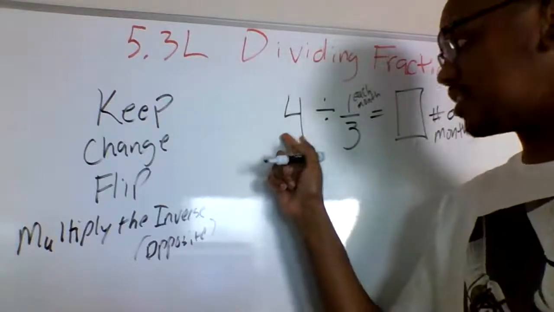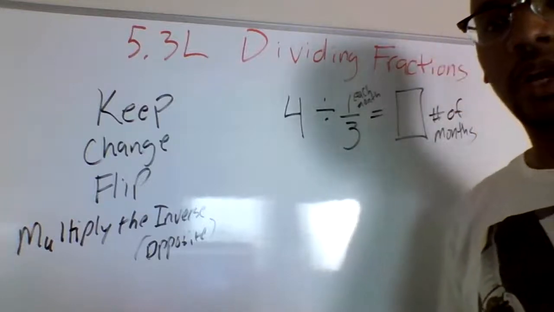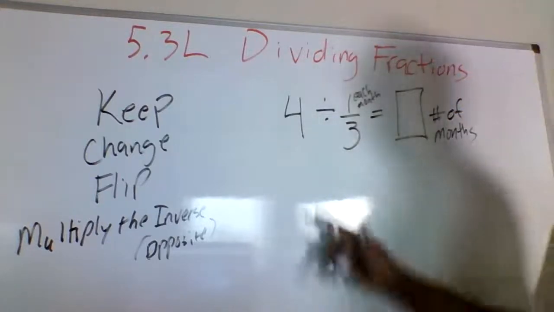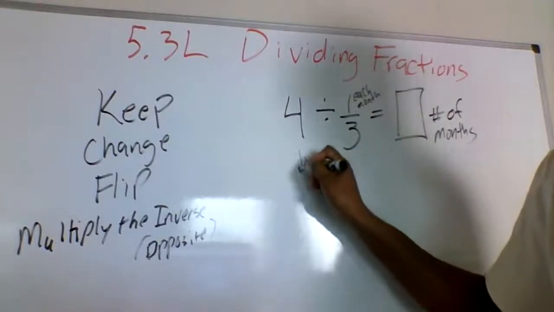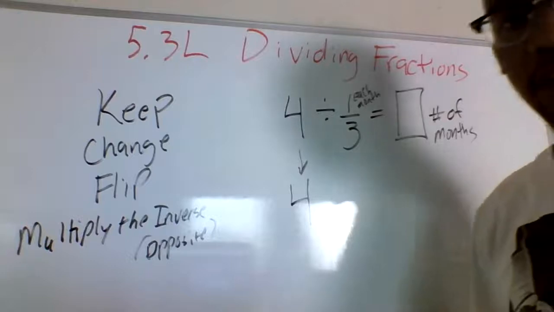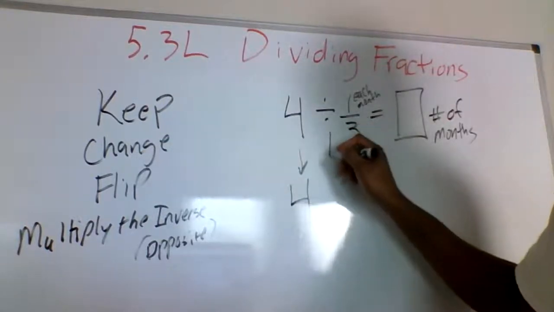with a whole number. If I start with a whole number, I'm probably going to end in a whole number too. Right? Now, keep the total the same. Keep the total at 4. Change division into multiplication.